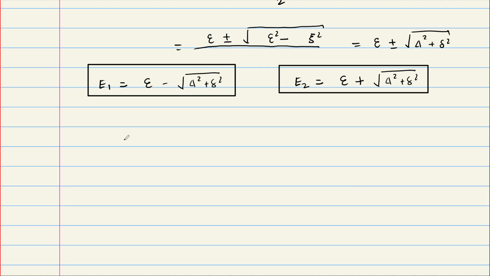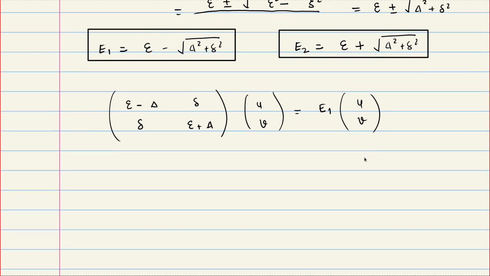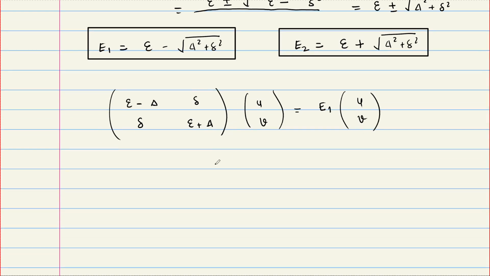The procedure is just to put this value in the equation. Epsilon minus delta, epsilon plus delta. So this is delta, this is delta. This is the vector UV, with eigenvalue, let's say this is E1. And we also have the normalization, U squared plus V squared is equal to 1.